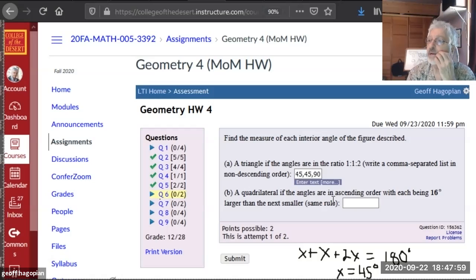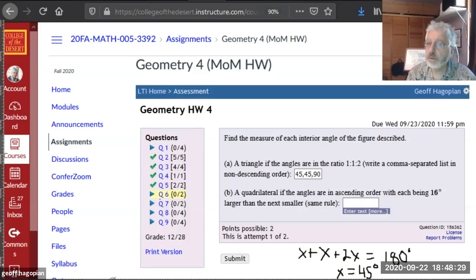A quadrilateral, if the angles are ascending in order with each being 16 degrees larger than the next smaller. I'm not sure what the same rule means there. Each ascending, oh, same rule as to how you enter it, right? So in non-descending order, okay.